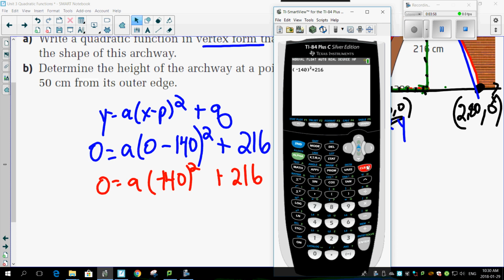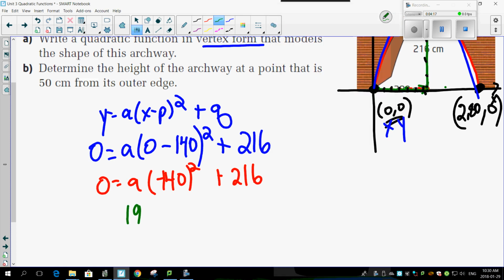Oh, sorry, made that wrong. Wait, let's just do this again. Back that up. Oops, 140 bracket squared. There it is. Okay, just hit enter. All right, that's 19,600 a's. And that's why I had to change this, because I forgot about the a value. I'm not just adding it. I have that a value to worry about.